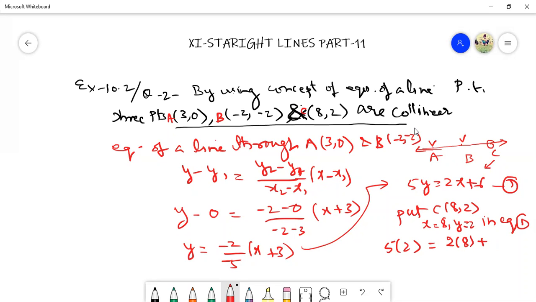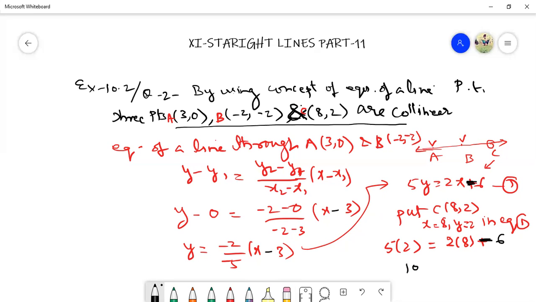Then x minus x1, x minus 3. So this will become 2x minus 6, correct.